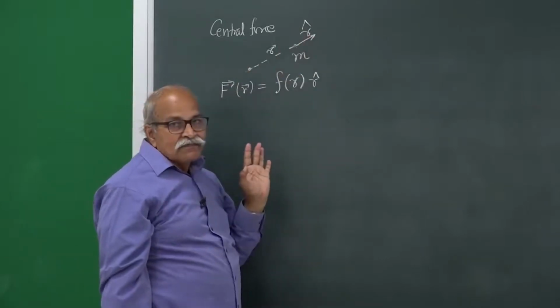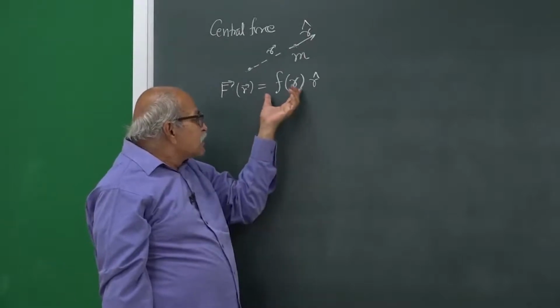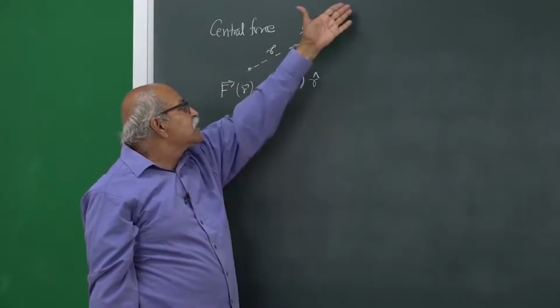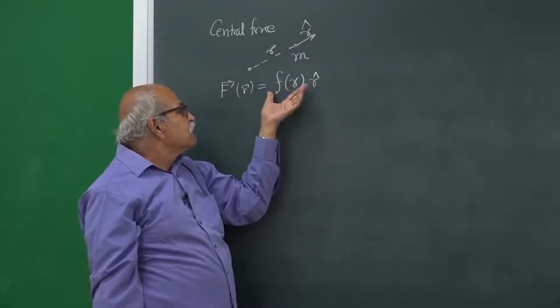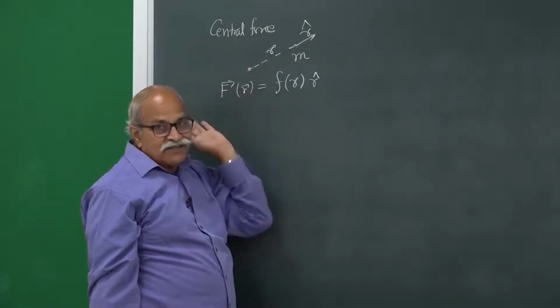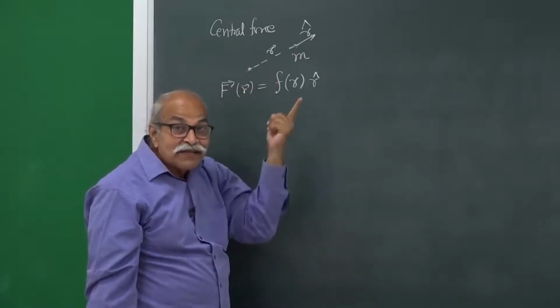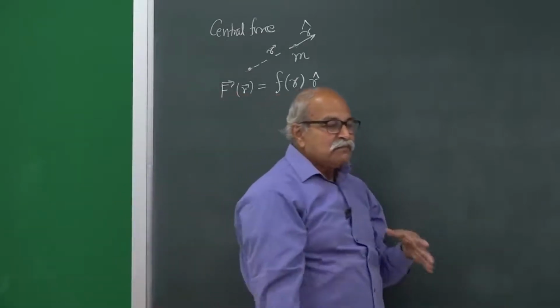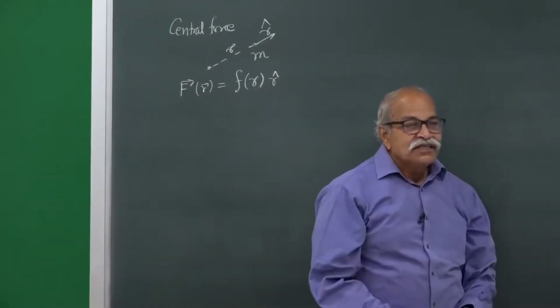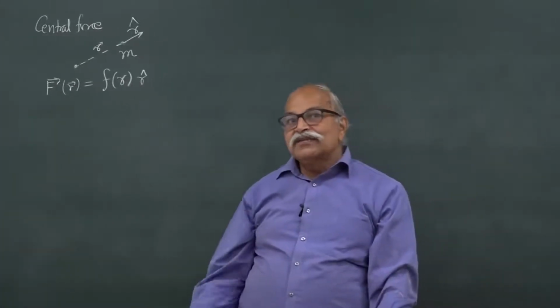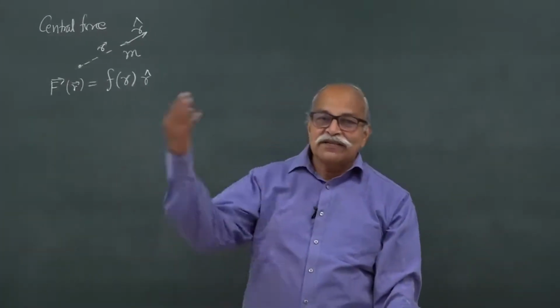So, this Fr, if it is positive, then the force is away from the center of force. If this Fr is negative, then the force is towards the center, attractive or repulsive. So, we have enough examples for such central forces, at least approximately our planetary system, sun and the planets.